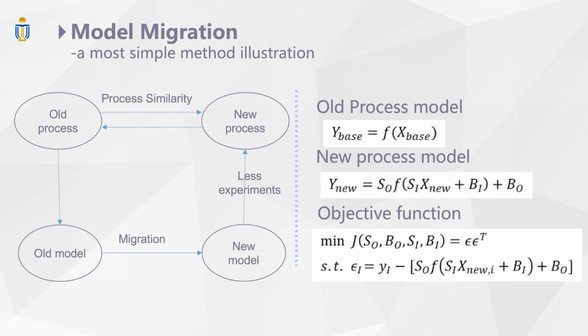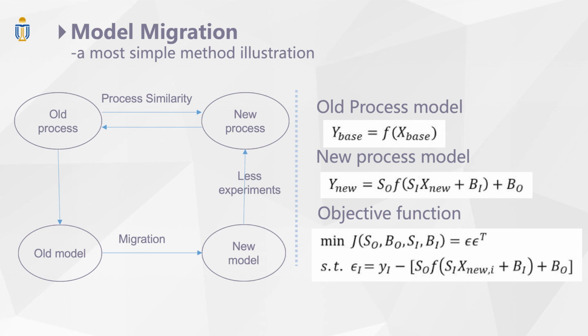For the new model, we can use one of the simplest: the input and output scale and bias shift method. With this method, the only thing we need to do is to find the scale and bias coefficients.